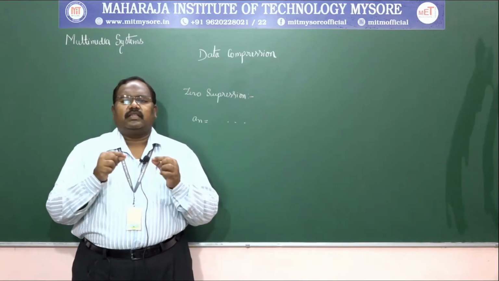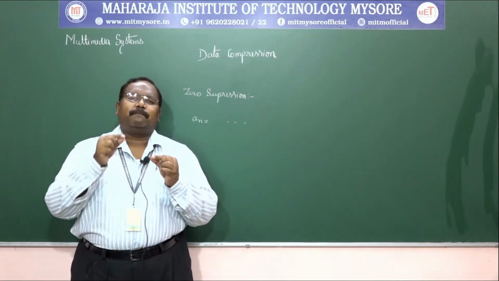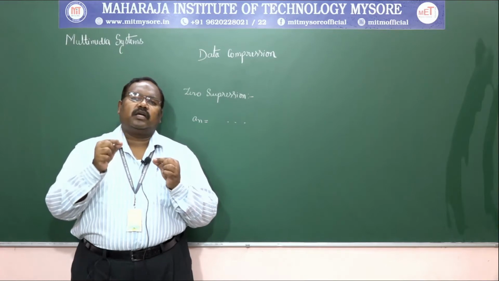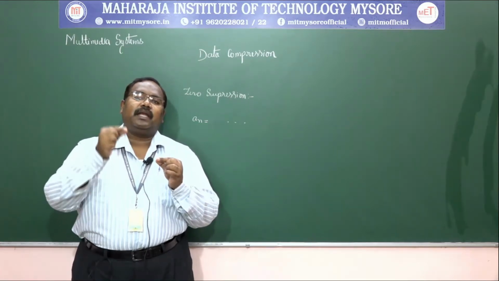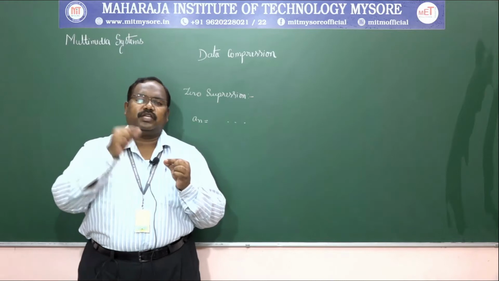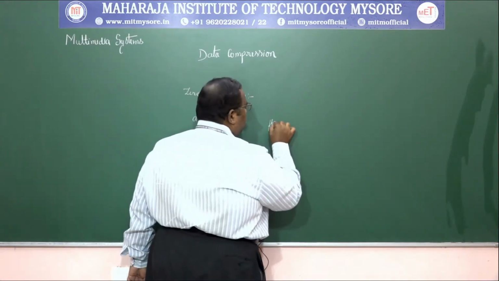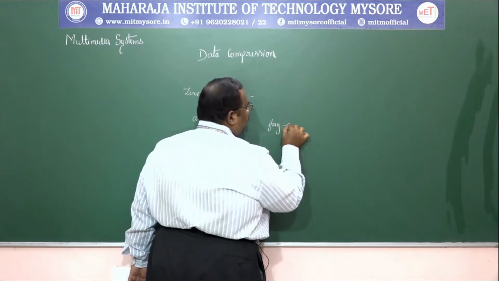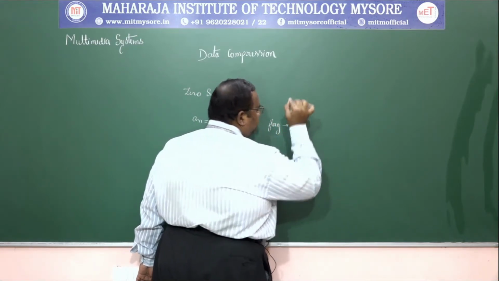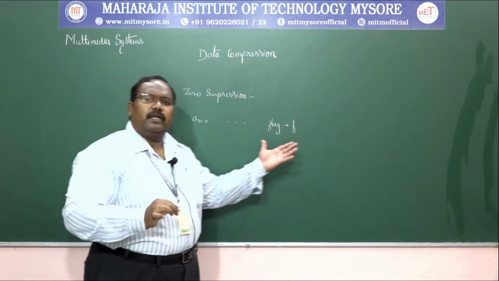What is this flag? It denotes or represents the number of repeated occurrences of zeros. Usually a flag is said to be a token. We represent it as F with respect to the sequence.